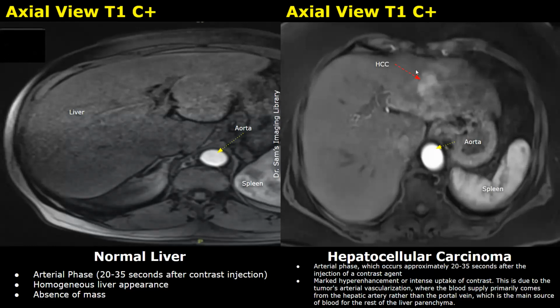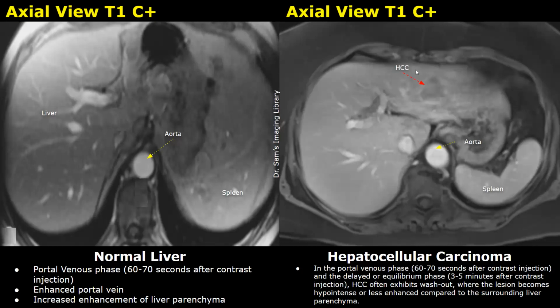The portal venous phase is 60 to 70 seconds after contrast injection. It is the next phase after arterial phase. The liver has increased enhancement with enhanced portal vein. This is how the liver looks like. The hepatocellular carcinoma will show washout during the portal venous phase.